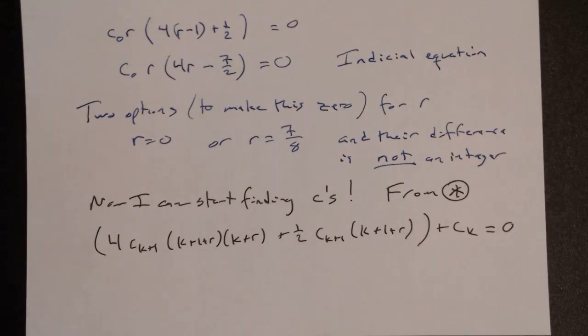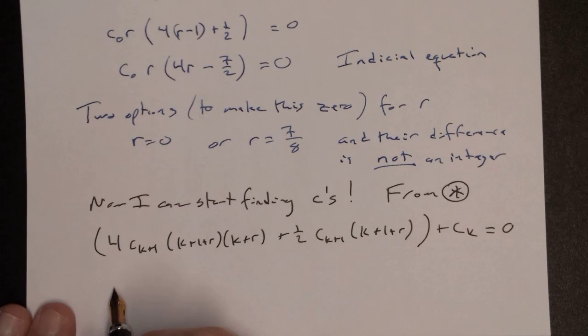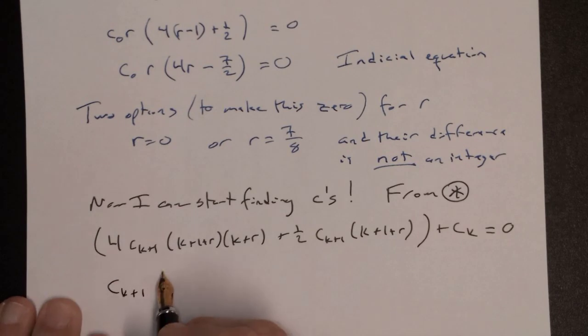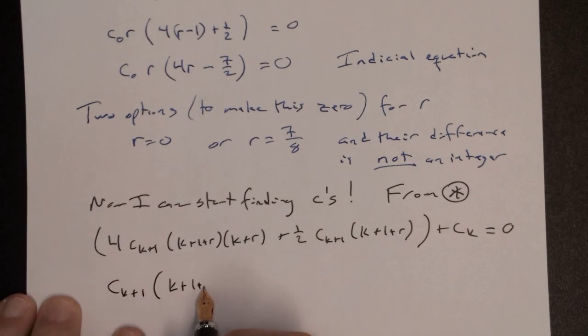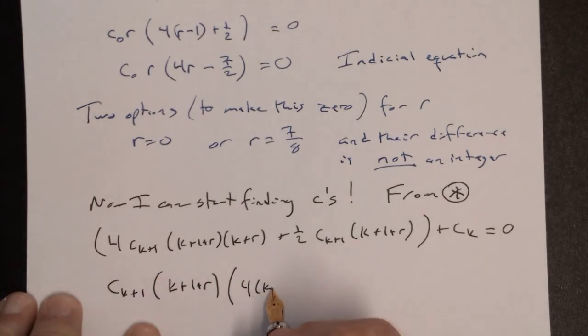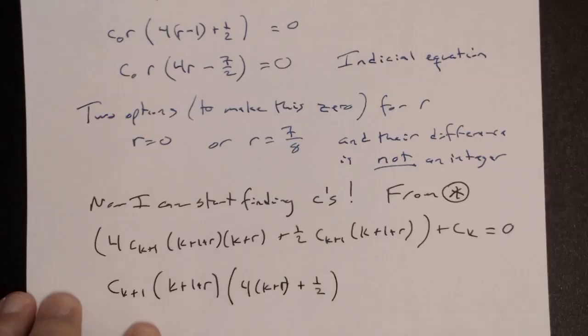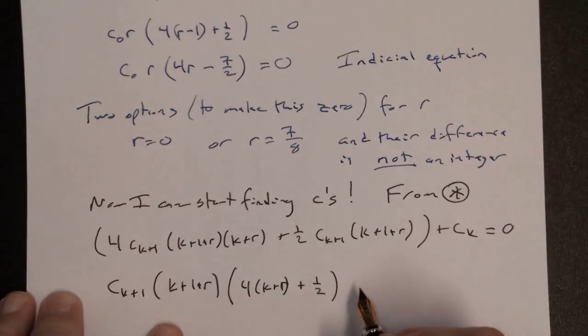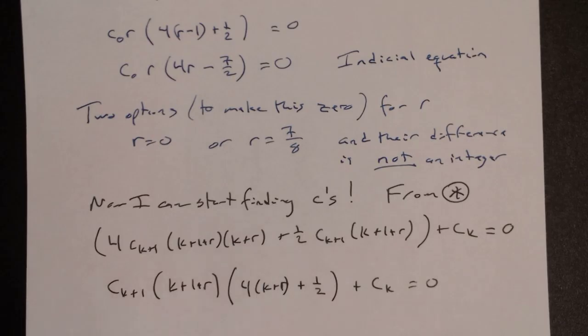K plus 1 plus R is the way I've written it here. So I have CK plus 1 times K plus 1 plus R times 4K plus R plus 1/2 plus CK equals 0. So now you can write CK plus 1 equals.